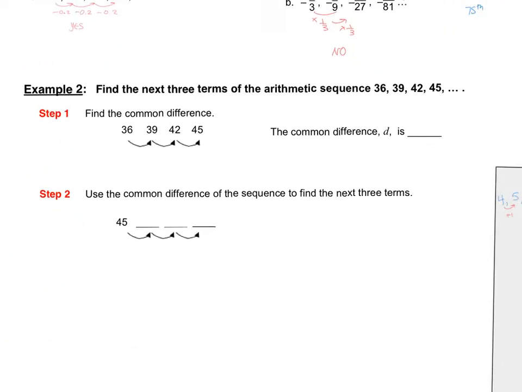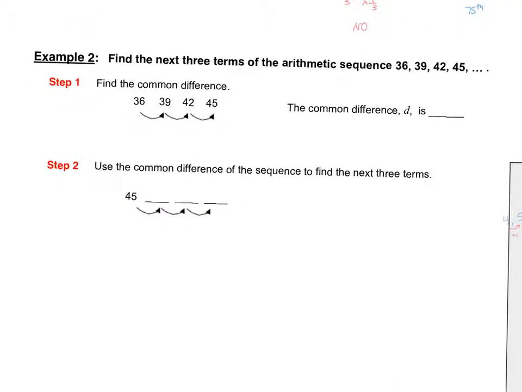Now let's look at this guy. This is where all that equation comes in. They give me the arithmetic sequence 36, 39, 42, and 45, and they say to me, hey, find the next 3 terms down the road. Well, I could very easily, because finding 3 terms is not that big of a deal. It's not like it's telling me what's the 110th term. It's just asking me what are the next 3 numbers. That's pretty easy to do without the formula, right?